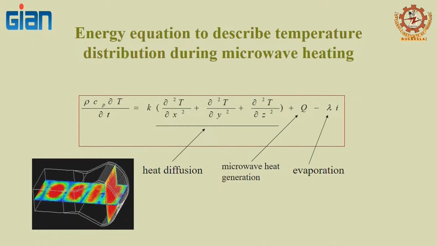Again you can see that you have a heat diffusion component here, and then you have a heat generation due to microwave, and then there may be some evaporation component, and this is the energy input to the product. And then if you solve for the temperature field, you can find the heat distribution, and then from there you can establish the uniformity of treatment.